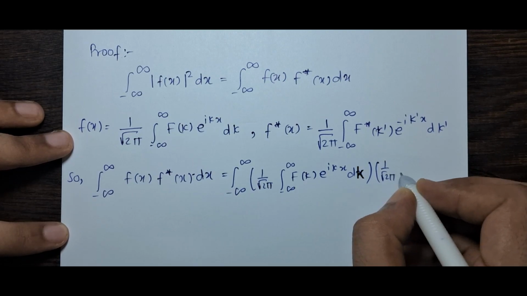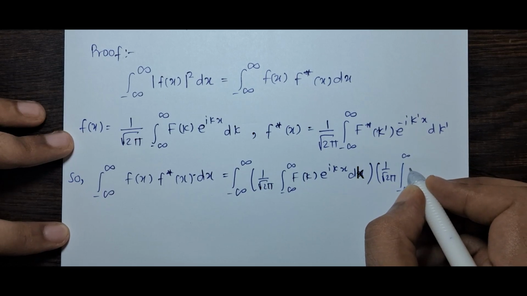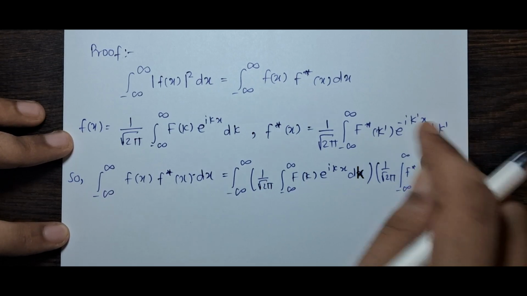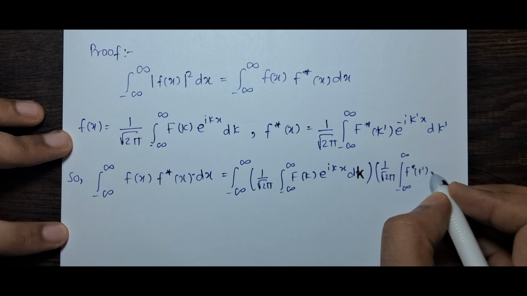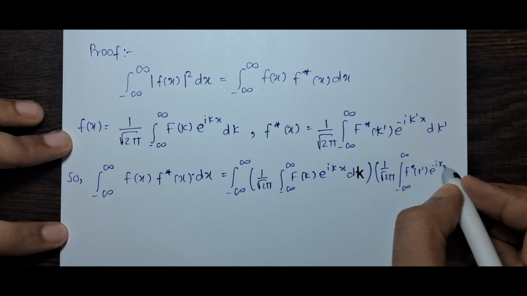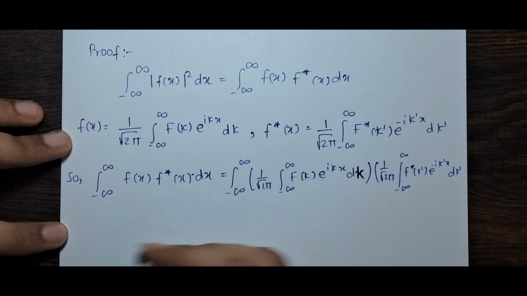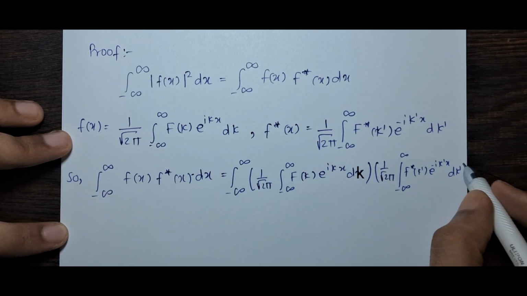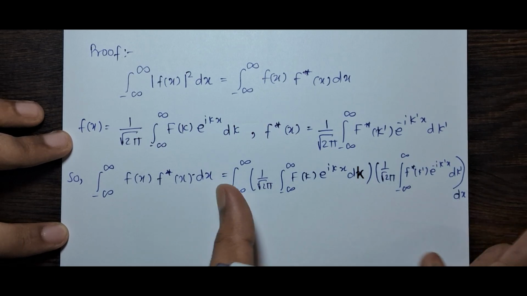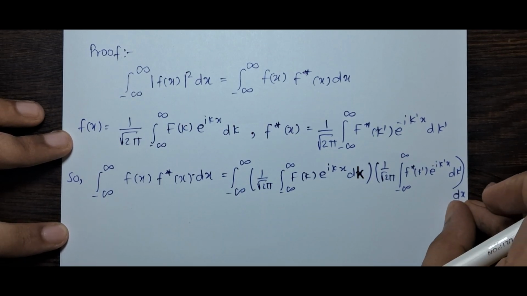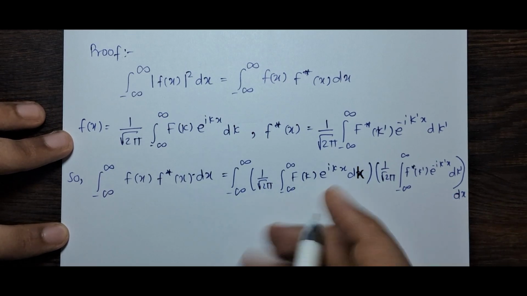Oh, I'm lacking space here. Minus infinity to infinity. I'm just writing this over here, okay? So this is f star k dash e raised to minus I k dash x, and then dk dash. And then the main part, which I should have given some space, dx. This whole equation is integrating with respect to dx, right?